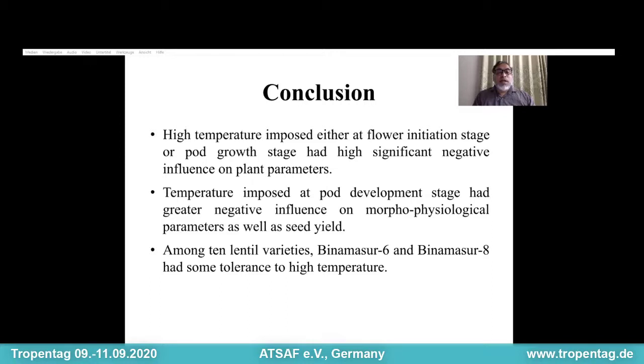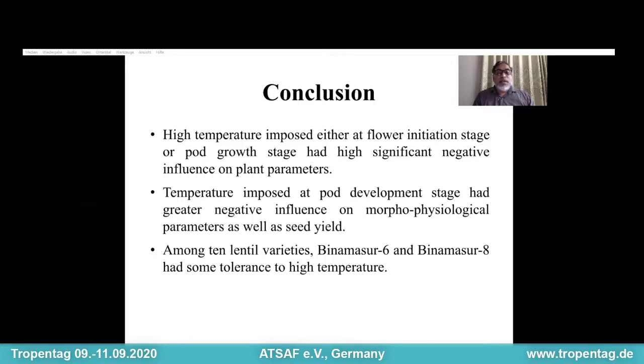So here we can make the conclusion that high temperature imposed either at flowering initiation stage or pod growth stage had a highly significant negative influence on plant growth parameters and yield.